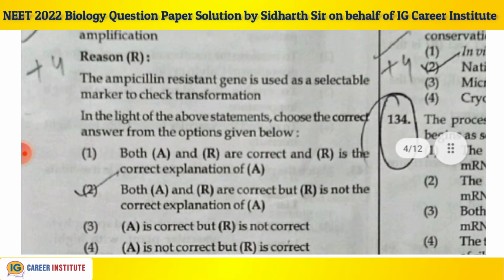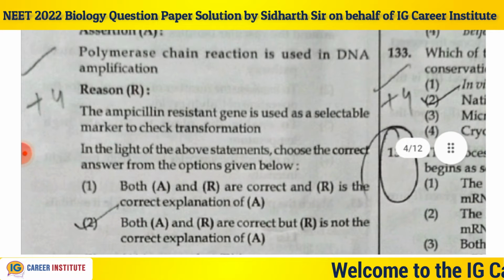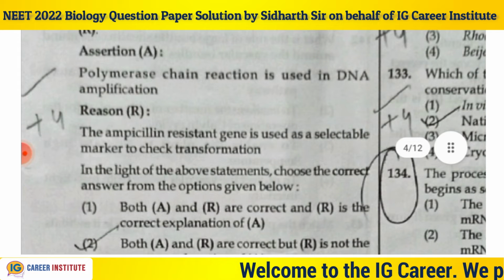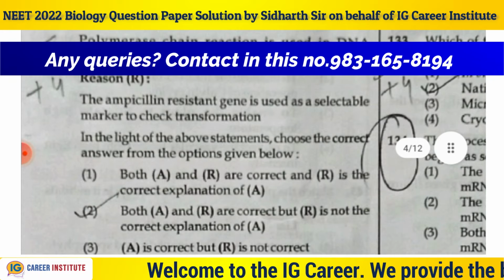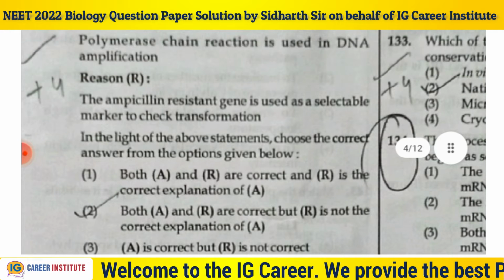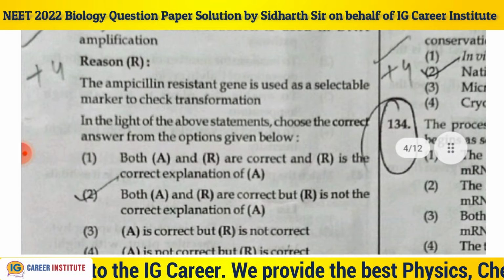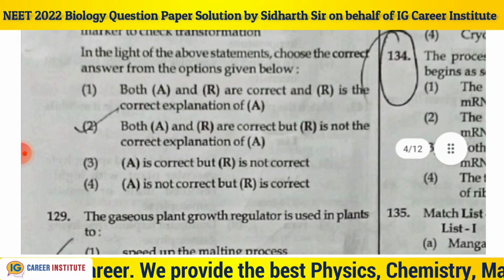We know both statements are correct from NCERT, but does the reason explain the assertion? Do we use polymerase chain reaction for DNA amplification because the ampicillin resistant gene is used as a selectable marker to check transformation? No. Though both statements are correct, they are not related, so R is not the correct explanation of A.